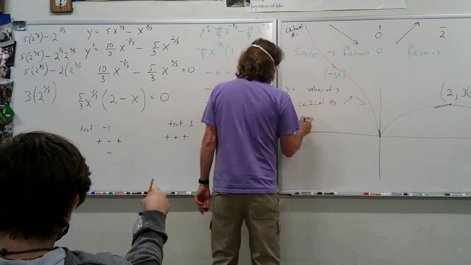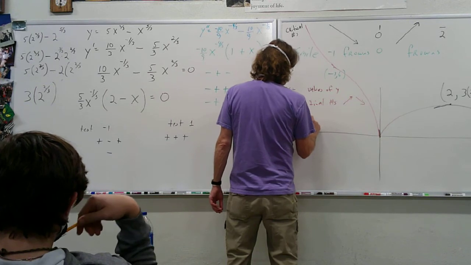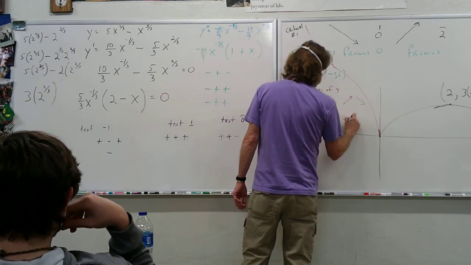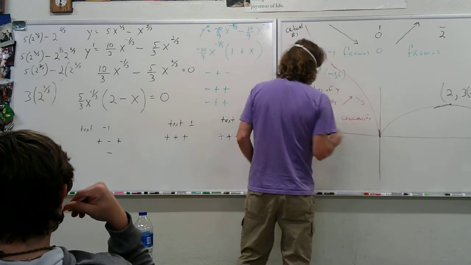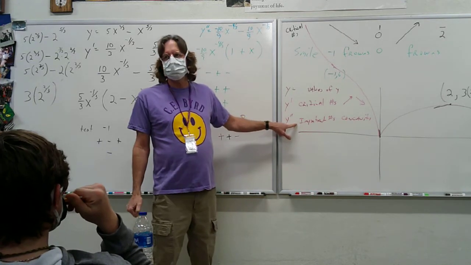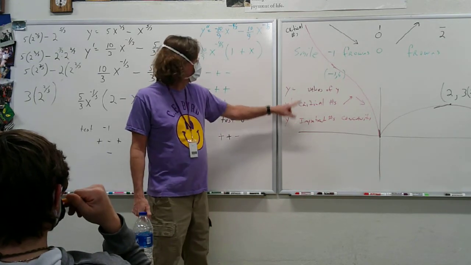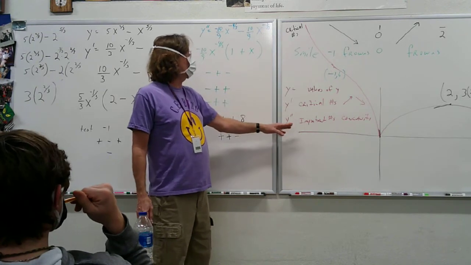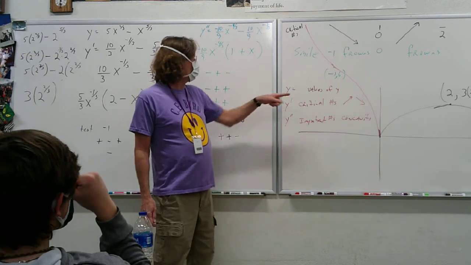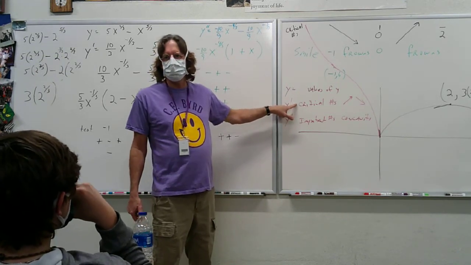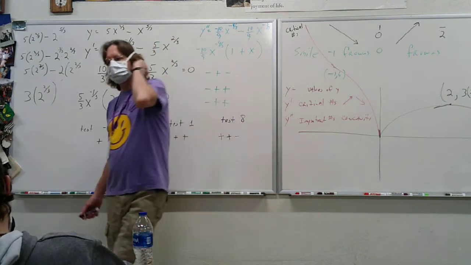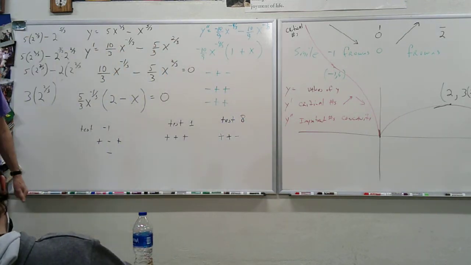Y double prime gives you important numbers, and it tells you all about concavity. So if you found an important number with your second derivative and you want to find the y value, what do you have to do? If you just wanted to know the increasing or decreasing value at a number, where would you have to go? Y prime. If I'm asking you about concavity, you go to the second derivative. If I tell you an x value and I just want to know the y value, where do you go?